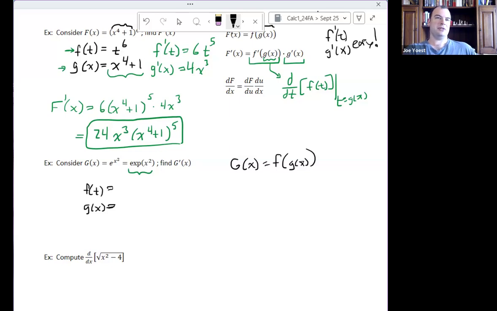So little f is the outside function and little g is the inside function. My outside function is the exponential function evaluated at t, or just e to the t. And my inside function, g of x, is going to be x squared. It's what's getting plugged into the exponential function.